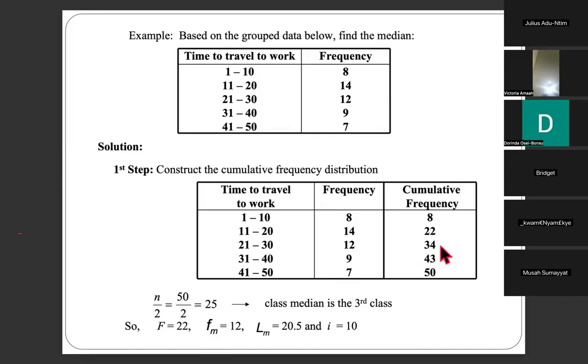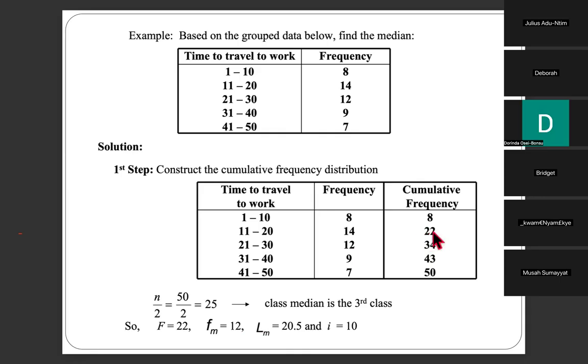So if it will be in this group, what is the lower class boundary here? The lower class boundary here is this 21 minus 0.5, which will give us 20.5. What will be the frequency on this median class? That will be 12, which is this value. And what will be the cumulative frequency before this median class?